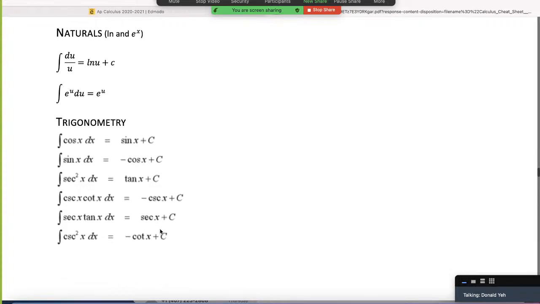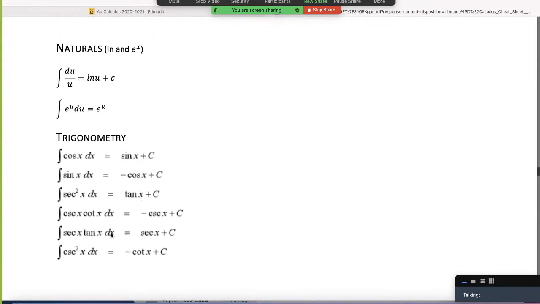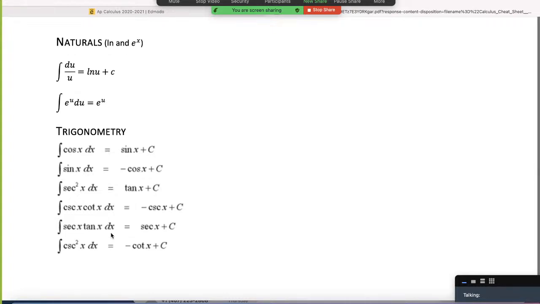Okay. Those are all the simple integrations here, but it's missing something. It's missing integration of tangent and integration of cotangent. Do you guys remember what's the integration of tangent? You might want to write this down.